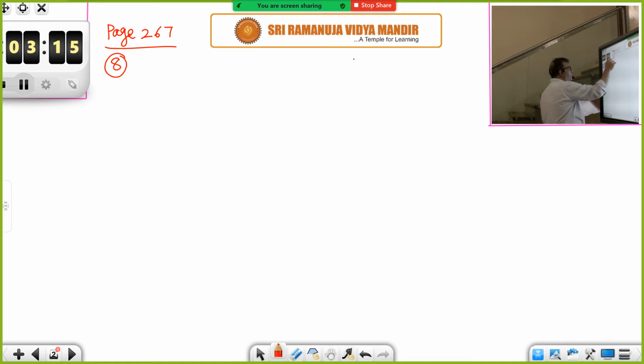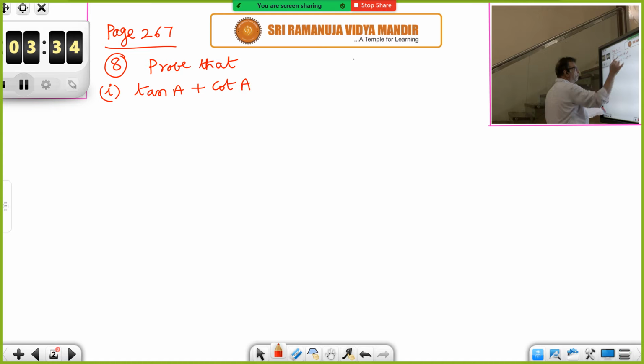So 8th problem is prove that number 1, tan A plus cot A is equal to 2 cosecant 2A.